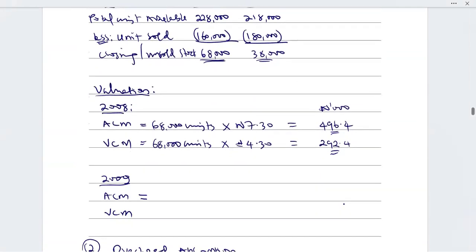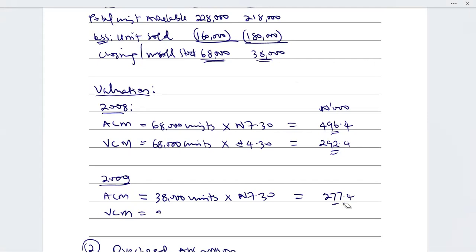So 38,000 units multiplied by 7 naira 30 kobo gives 277.4. Let's quickly do it for the variable costing.